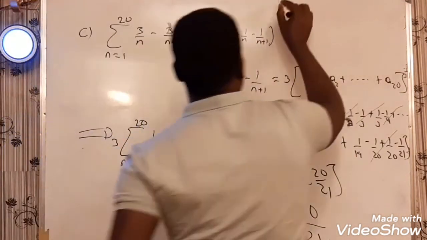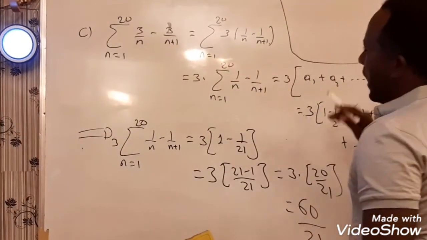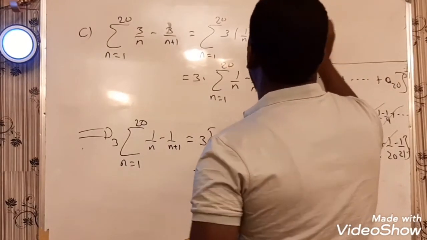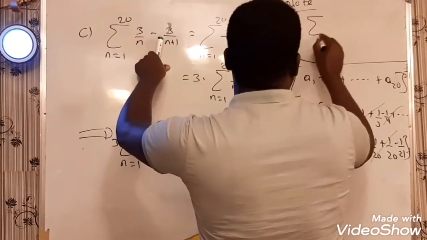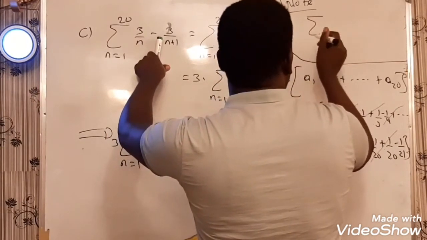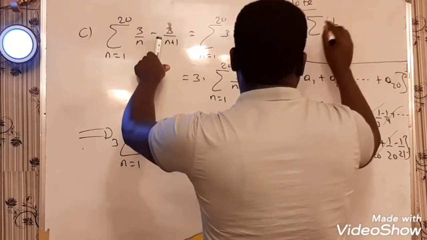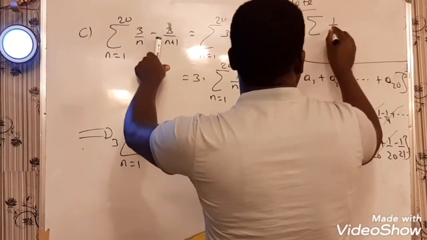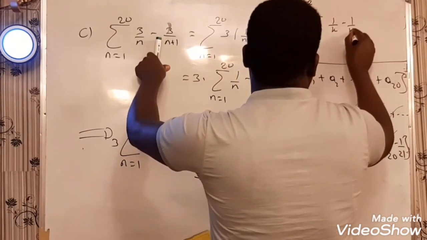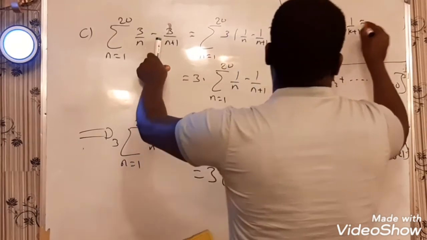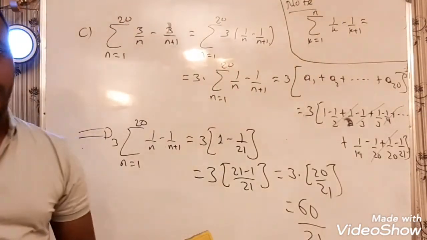So in general, if we have such a problem, you can take this up as a remark. The summation of 1 over k minus 1 over k plus 1, with k running from 1 to n. How are we going to find the summation of this in general?